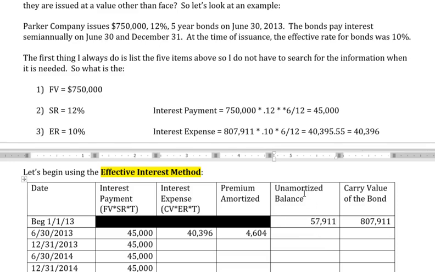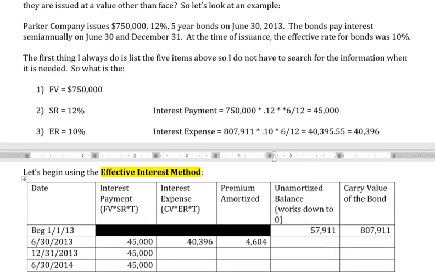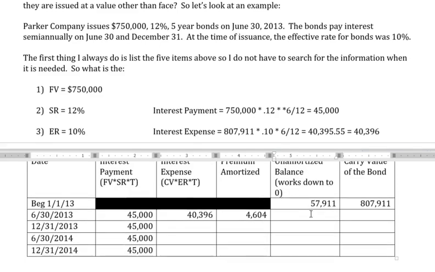Now, this column will always work its way down to 0. So every time we amortize, we're going to reduce the balance in the premium or discount. We take the 57,911 and subtract the 4,604, and that leaves us a balance of 53,307.